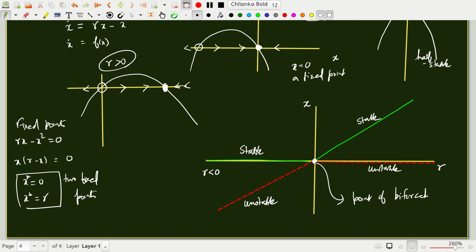In hydrodynamic stability, this is called exchange of instabilities. It's as if these two solutions are exchanging their nature at the point of bifurcation.